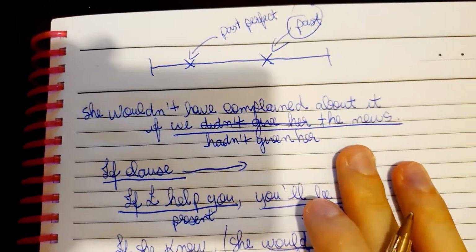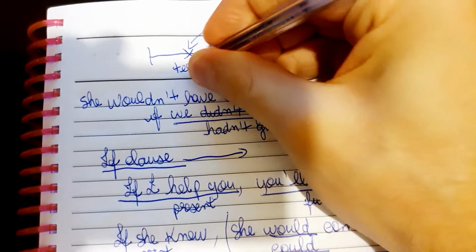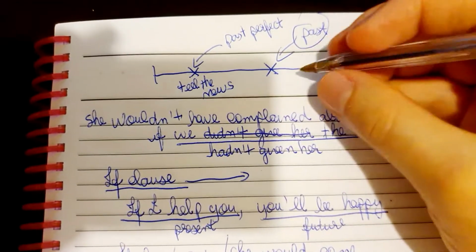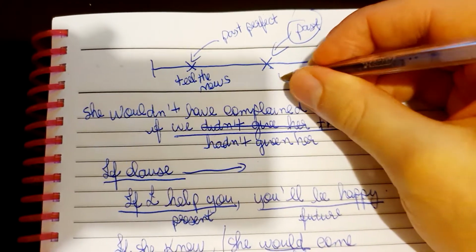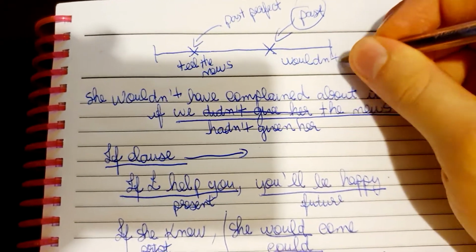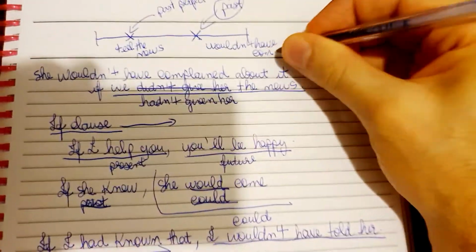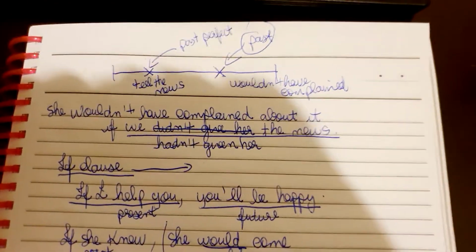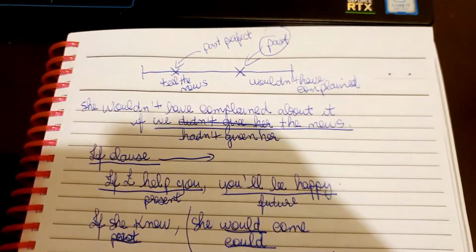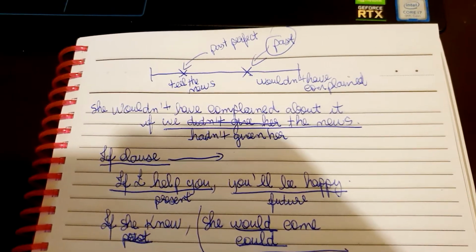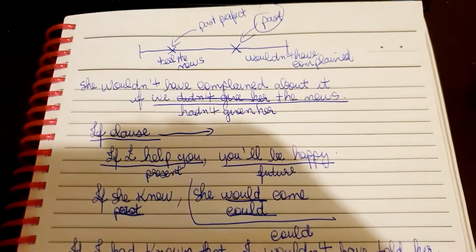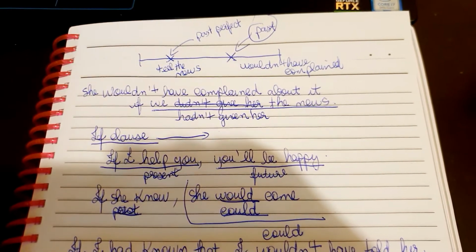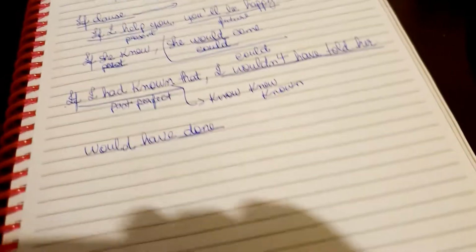So that's it. We tell the news here, which is the action in the past perfect, and she wouldn't have complained. This other action, wouldn't have complained, is the second one in the timeline. But this complaint of hers is just imagination because she complained. We are imagining a situation in which she wouldn't have complained. Right? She wouldn't have been bothered by it, okay? All right, so that's it.